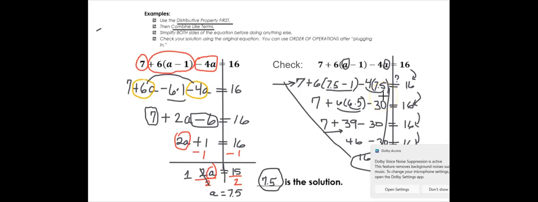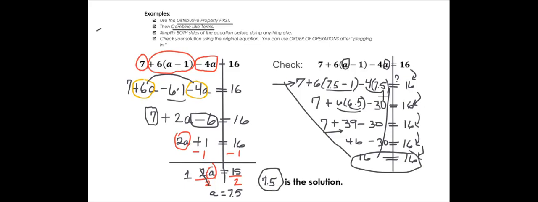So when you have these more complicated looking equations, you just first have to look to see if there's any way to simplify the equations, either following order of operations or the distributive property, if you have those grouping symbols where you cannot do what's inside of them. And combining those like terms. Once you have that done, it should look like a two-step equation that's ready to be solved.